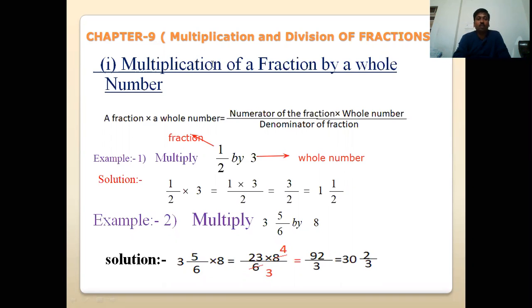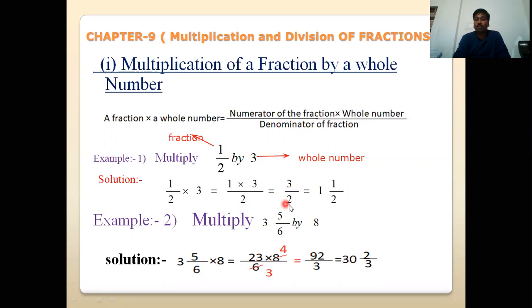So now according to this rule, the numerator of the fraction is multiplied by the whole number. This is the numerator of the fraction, and 3 is the whole number. When we multiply them, we get 3. And the denominator of the fraction is only 2, and we write it under the numerator.